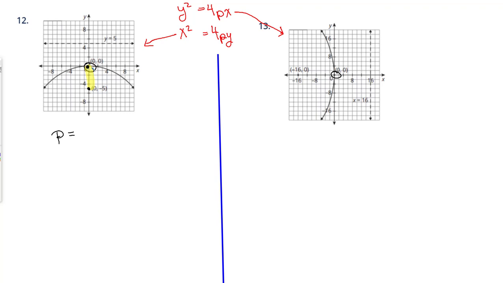So I went down 5. So P is negative 5. If I go down or left, it's negative. And so I'm doing this one, x squared is equal to 4 times P times y. So x squared is equal to negative 20y.